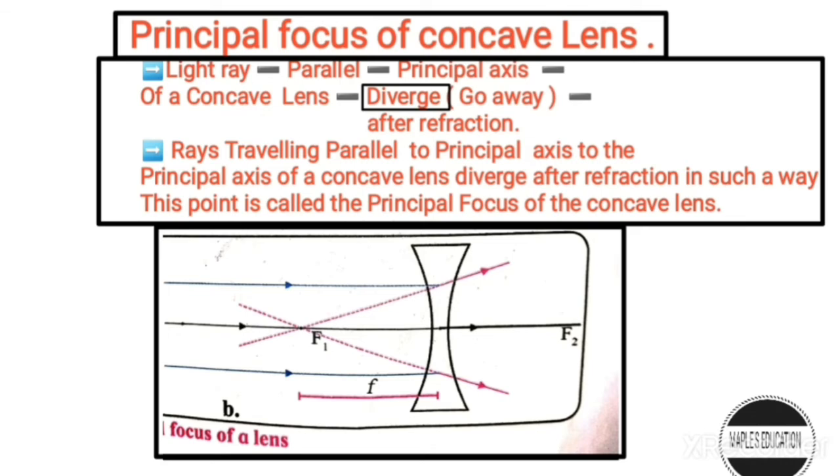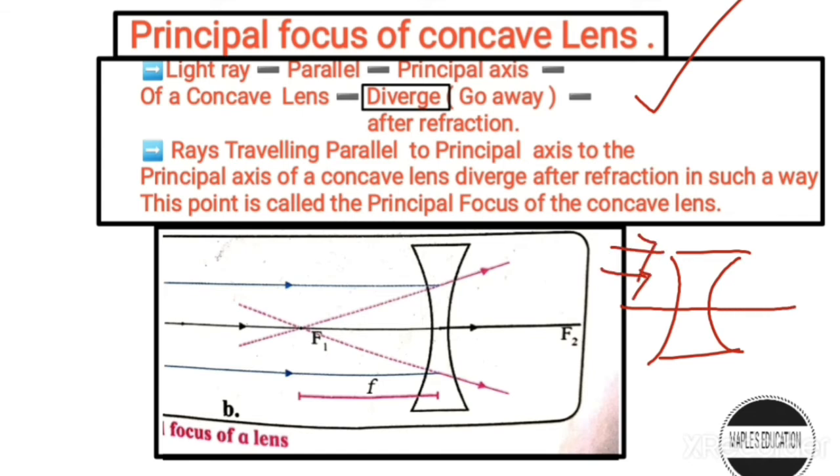Now moving to the next part, that is the principal focus for a concave lens. You all know this is the diagram for a concave lens, right? Now what happens in this case? When the light ray is parallel to the principal axis, if I draw a principal axis here and a few light rays over here, you can see this is a light ray which is parallel to my principal axis.